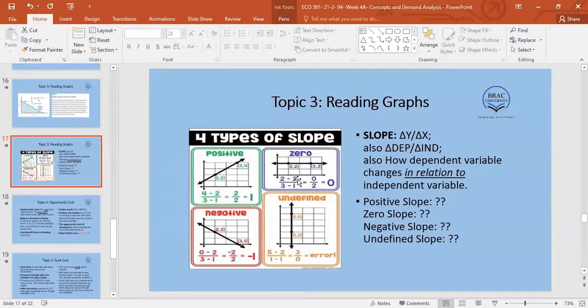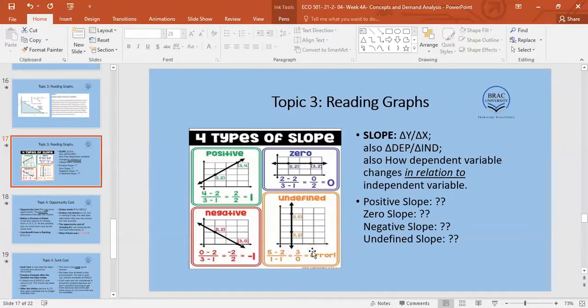Now, over here it's written 0 because it's parallel to the x-axis. X-axis is the independent variable. But if we make this the economics graph, what will the slope of this one be? Sir, undefined. It will be infinity.